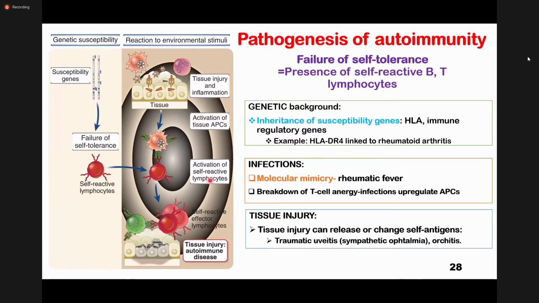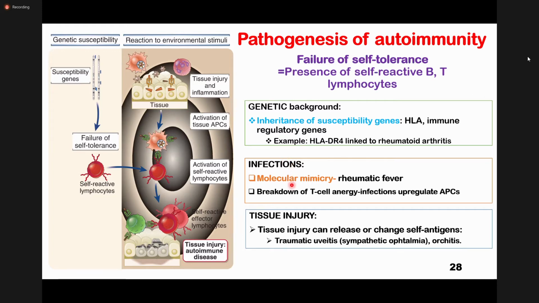Another factor is infection, which is also one of the factors for autoimmune diseases. In what way infection causes autoimmune disease, you will understand in the next slides.